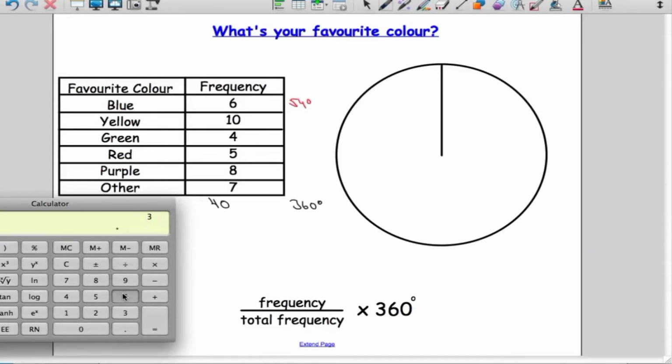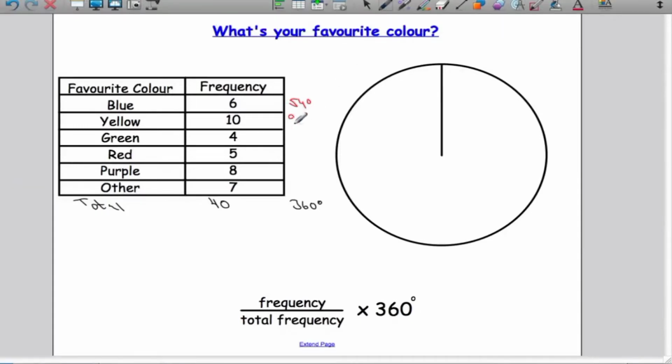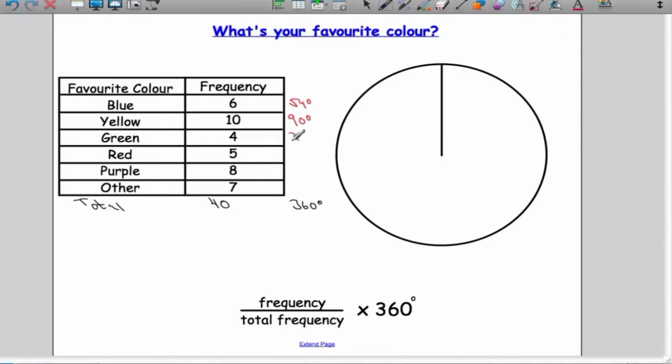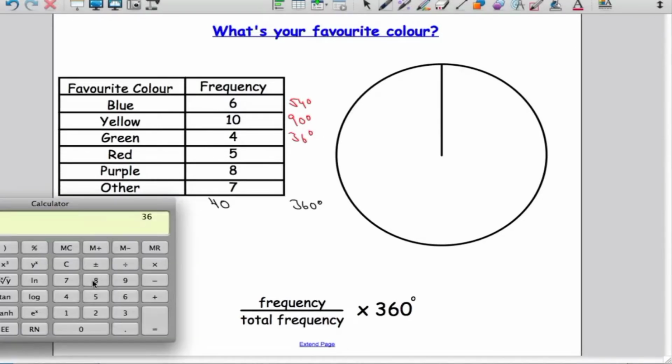Yellow. The frequency for yellow is 10. We'll say 10 divided by the total frequency, which is 40, times 360. It gives us 90 degrees. Then we move up to green. Green has 4 frequency divided by the total frequency, which is 40, times 360. It gives us 36 degrees.